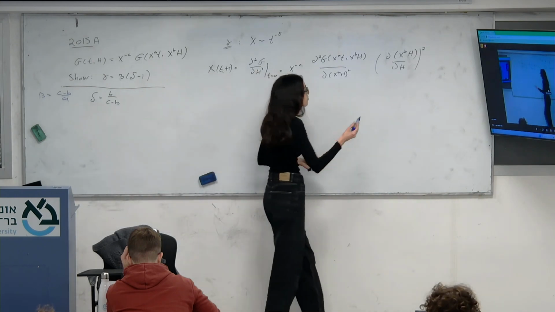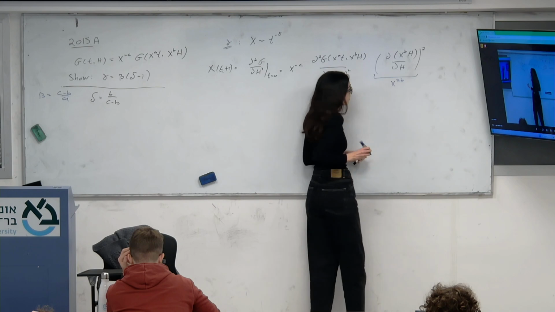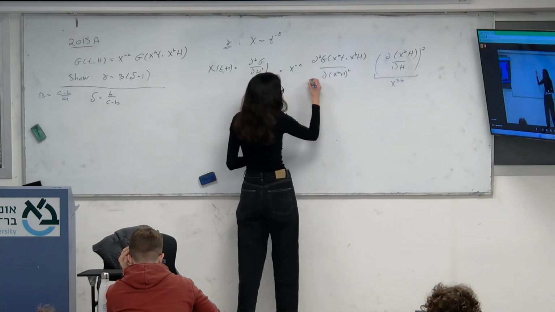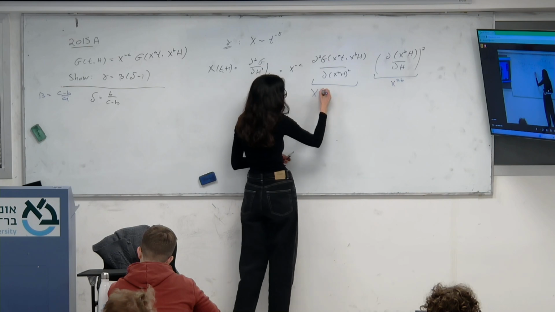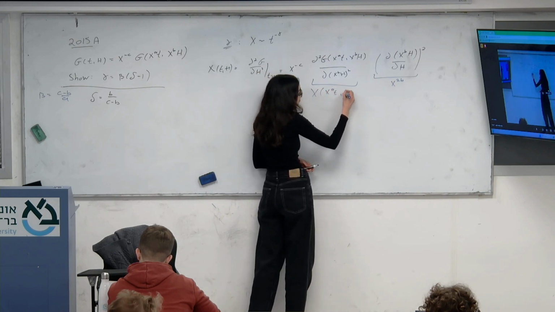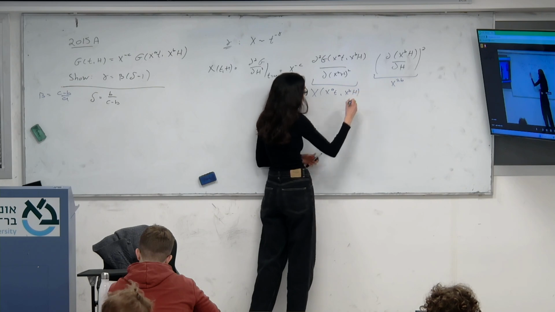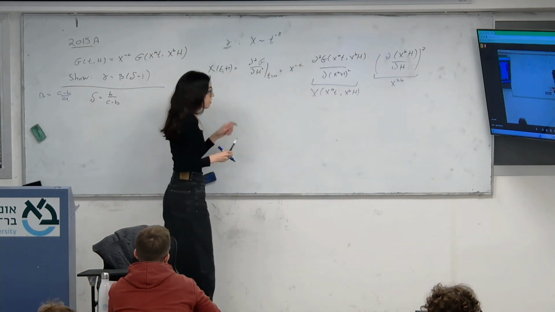So this is going to give us x to the 2b. This is basically the susceptibility again, a function of x^a t and x^b h. And I'm sorry that my x and my chi look the same, but I don't know how to do chi.